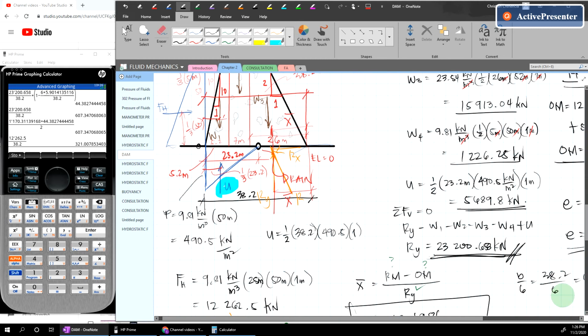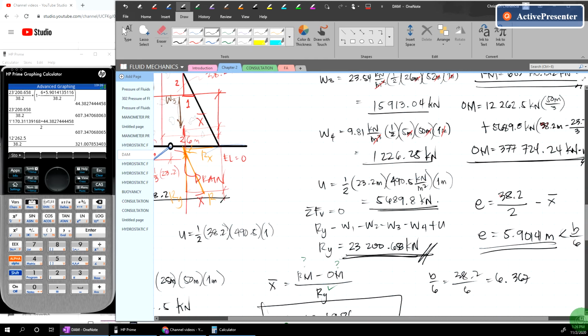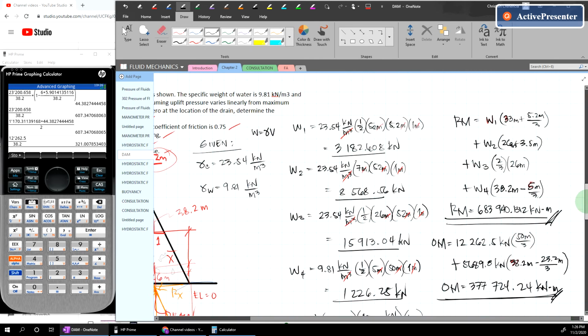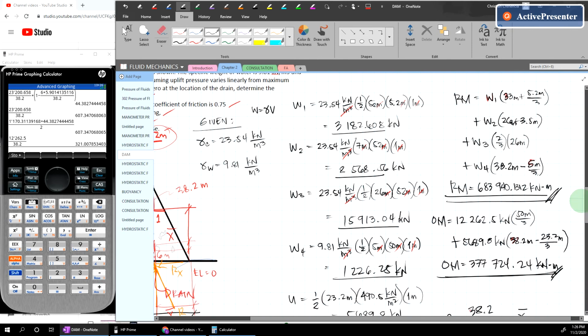So, yung FH. Okay? So, pag nakuha mo yung mga forces, isolve mo na yung mga righting moment and overturning moments. So, yung mga weights na tumutulak dun sa dam against the ground, yun yung magpo-produce ng righting moments. So, yung weight 1, weight 2, 3, and then yung weight ng water above nung face nung dam since naka-inclined.